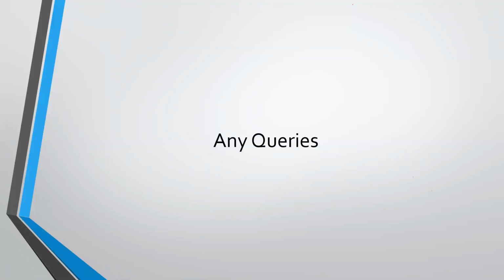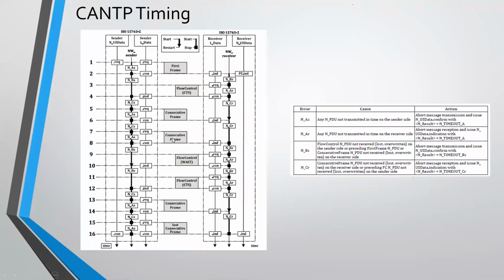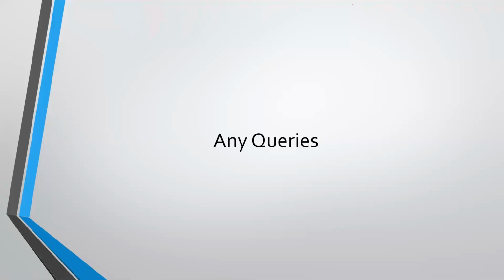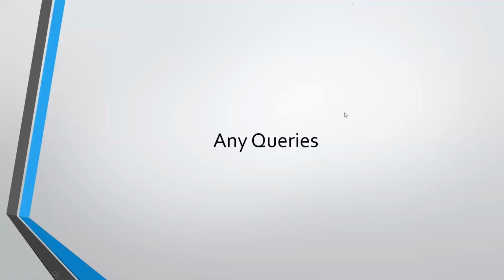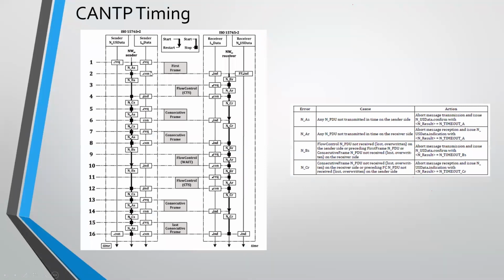One more thing in this CAN TP is that you have to configure the timing parameters, the STmin and the block size. If you are using a configurator, when you configure the CAN TP module, you will be configuring the block size, the STmin, and these timing parameters: NAS, NBR, NCS.